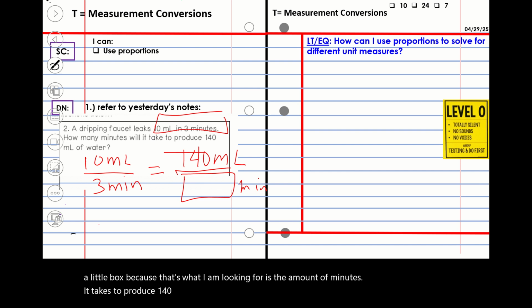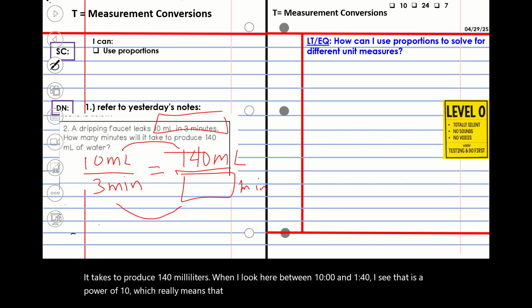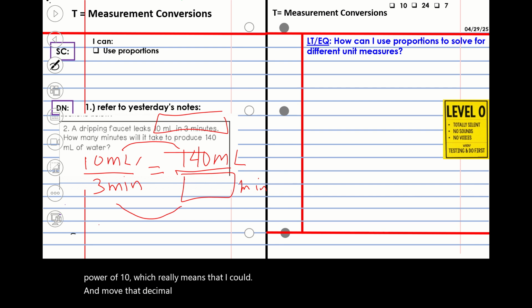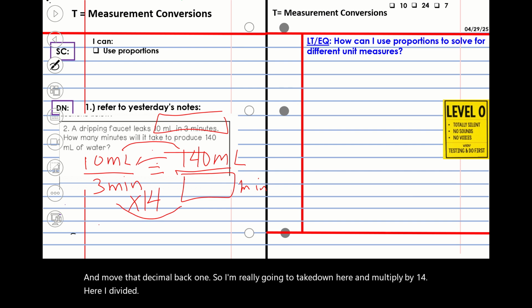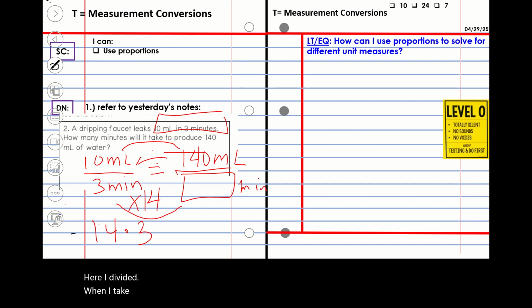When I look here between 10 and 140, I see that that is a power of 10, which really means that I could divide and move that decimal back one. So I'm really going to take down here and multiply by 14. Here I divided. When I take 14 times 3, I get 42 minutes.